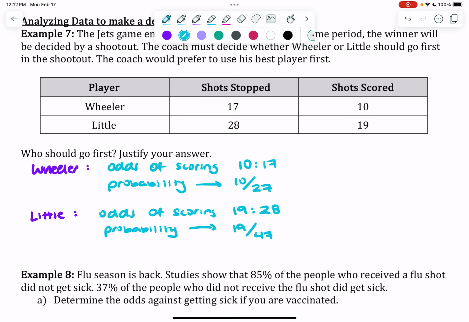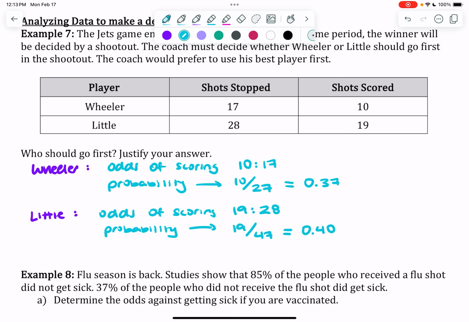And I'd be like, yeah, you're right. I can't just look at those and automatically in my head tell which one has a higher chance of scoring. But if I converted that to a decimal, plugging it into my calculator, I get that the probability for Wheeler is 0.37 and the probability for Little is about 0.40. Those are numbers I can directly compare.